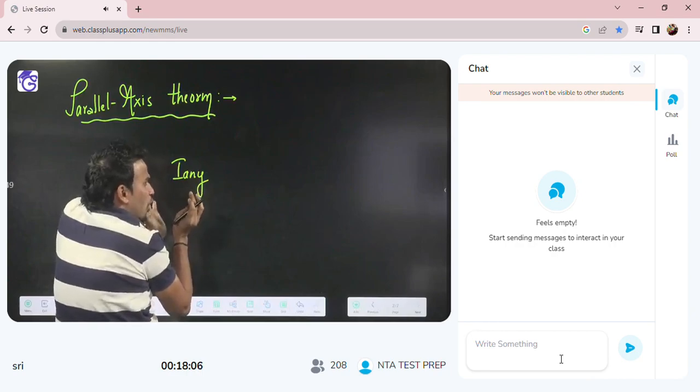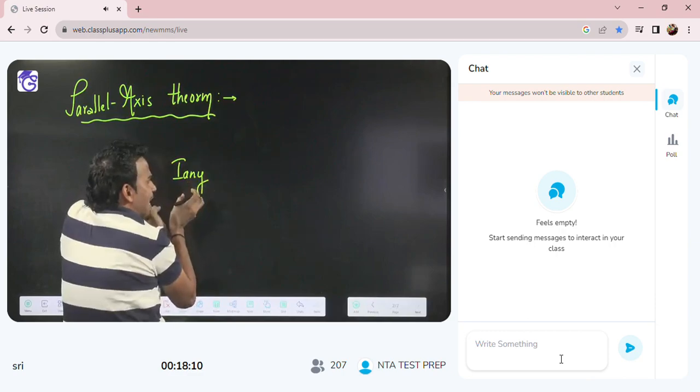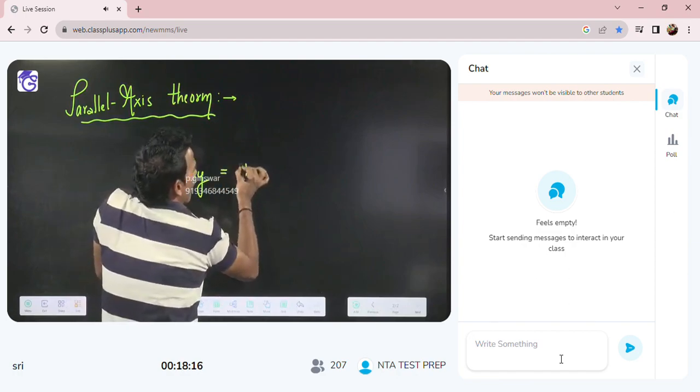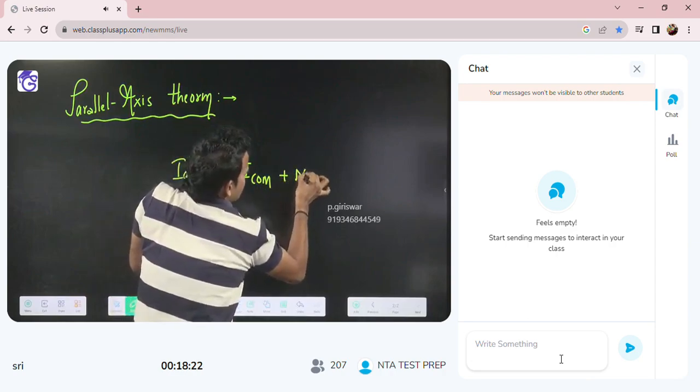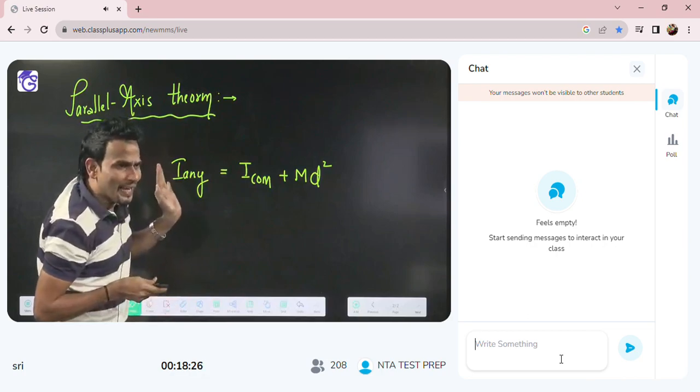Moment of inertia of a body about any axis. Any axis means unknown axis, the axis which is not passing through the center. So I about any axis will be I about center of mass plus md square. This is the final formula which comes with the help of the parallel axis theorem.